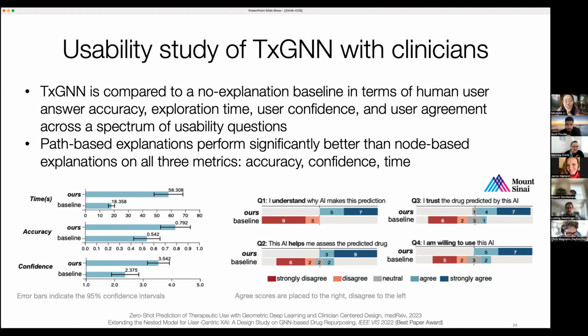So what that analysis showed is that not only is it important to include different ways to provide insight into model predictions, such as visualizing latent space and providing explanations, but in fact, the way those explanations are presented to the user, such as in the form of paths or in the form of subgraphs or nodes, also plays a vital role in deciding whether a particular tool will be useful to users.